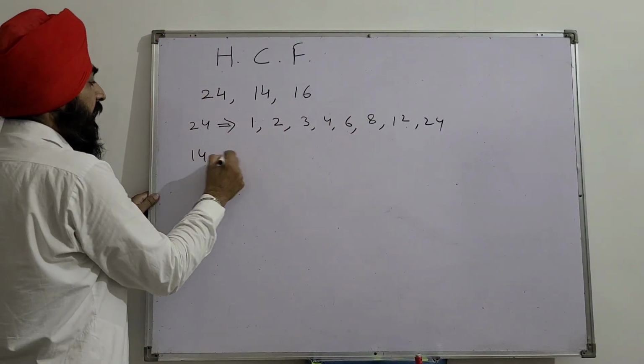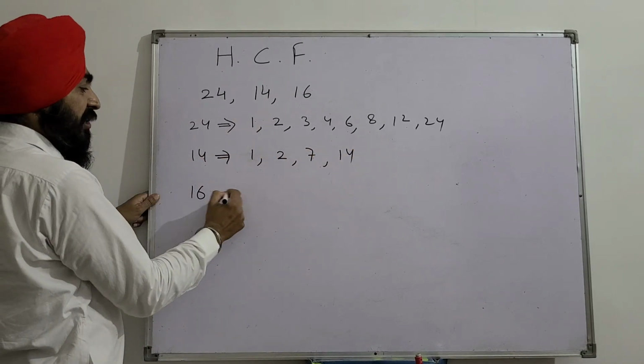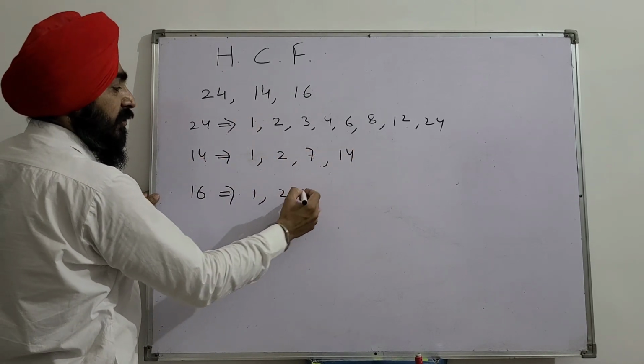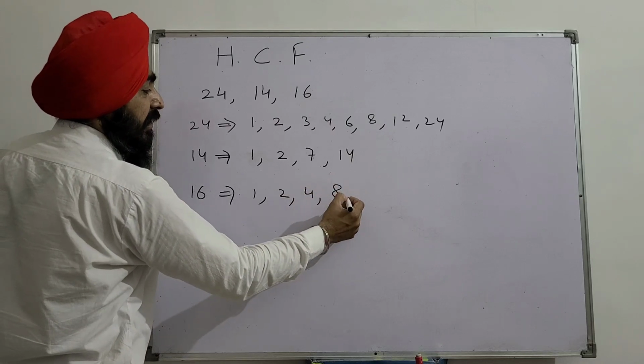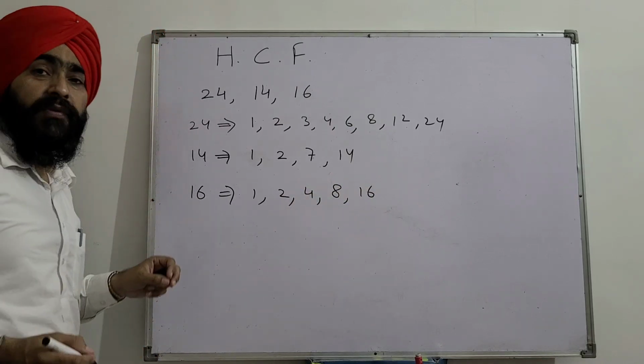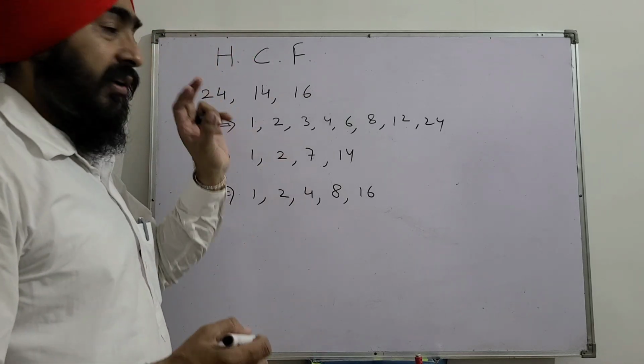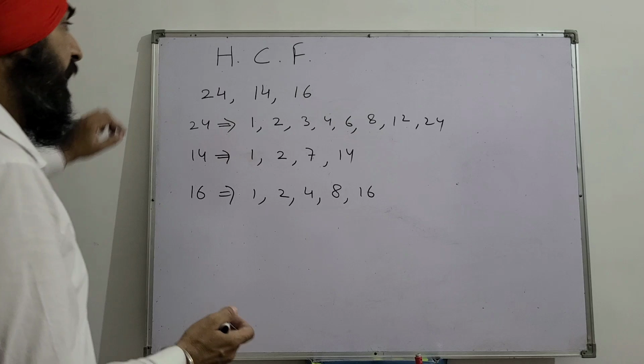Then for 14: 1, 2, 7 and 14. And for 16: 1, 2, 4, 8 and 16 itself. Is it clear?